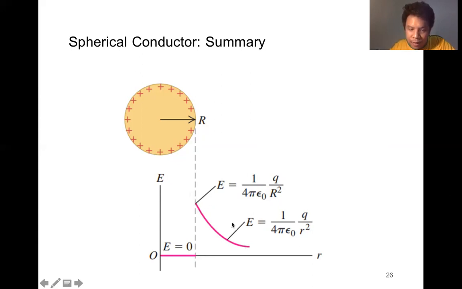So we have a function that looks discontinuous, and we need to consider the region inside, or less than R, and outside, or more than R, separately.